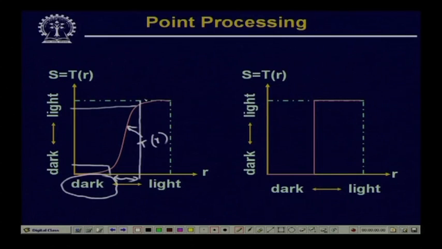In the second figure that we have shown, this transformation function says that if I consider some intensity value, say I, then for all the pixels in the input image with intensity values less than I, the corresponding pixel in the processed image will be replaced by a value 0.